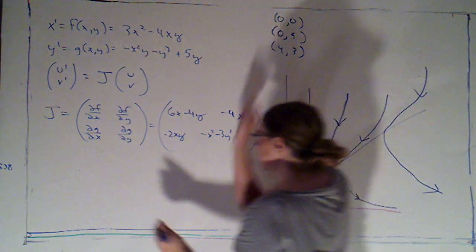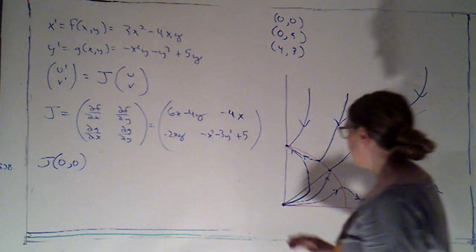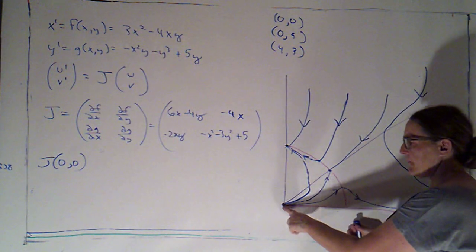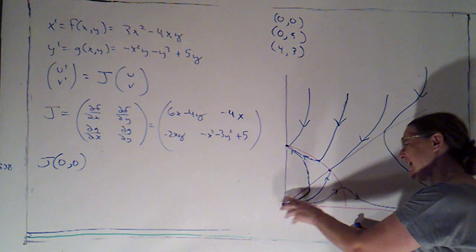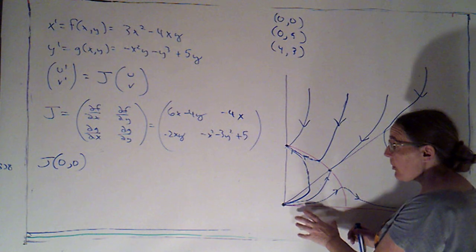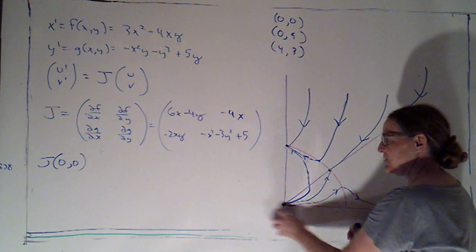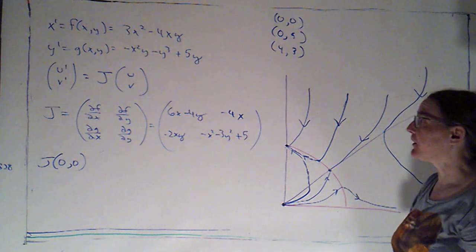Okay, so let's take a look at the Jacobian that we get at the equilibrium point 0, 0. Now remember, based on what I see here, I made an educated guess that I think this is going to be a source, although I need to recognize that I did not look at what happened in quadrants 2, 3, and 4.